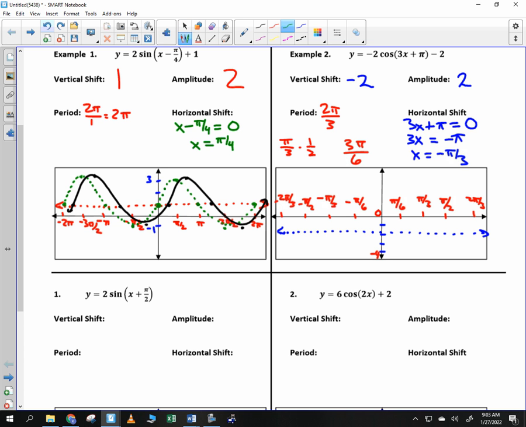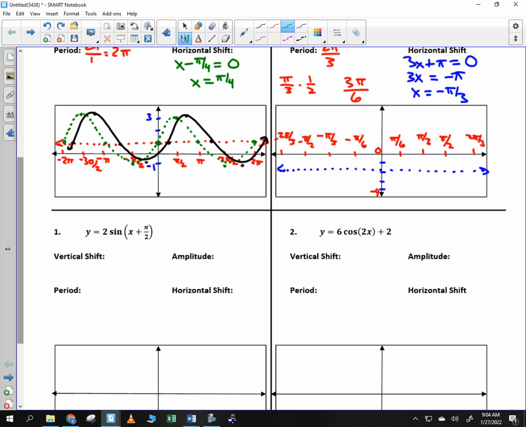First, let's sketch our ghost graph. It's cosine. Does cosine start at the max, min, or middle? Max or min. Why does this one start at the minimum? Because it's negative. Okay? So we're going to start at the minimum right here. If I'm at the minimum, I go up. Then I get to the top. And then I come back down.